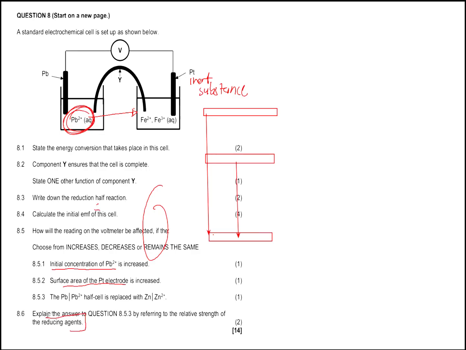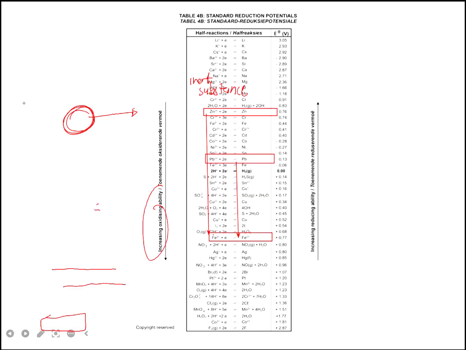They did tell us, yes, reducing agents. Okay, so meaning we have to check this side. It's comparing this and this, right? So what are we going to say?